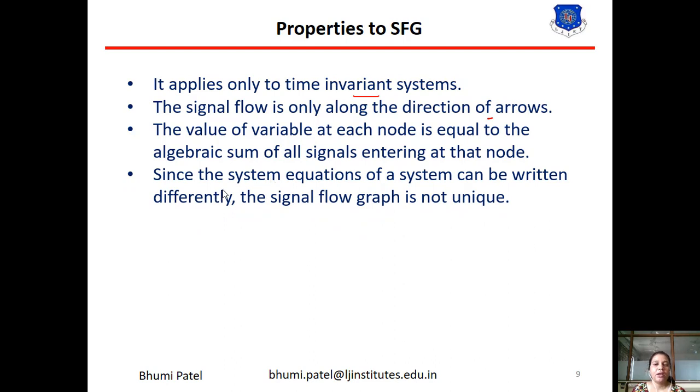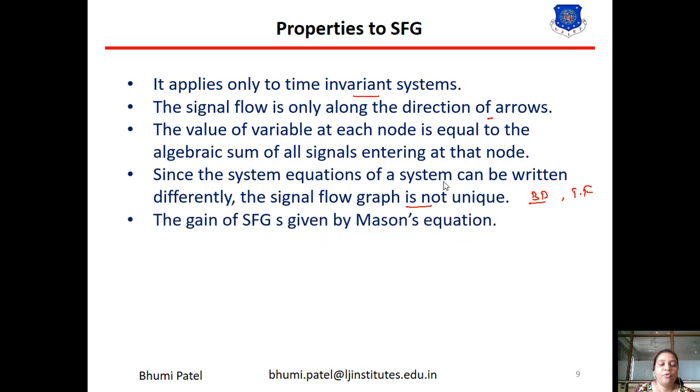Since in the signal flow graph, the system equation can be written differently, the signal flow graph is not unique, because using block diagram and using the other method we can also find the transfer function of the system. So the signal flow graph method is not unique, and to find the gain of the signal flow graph, we compulsorily use the Mason's gain formula.